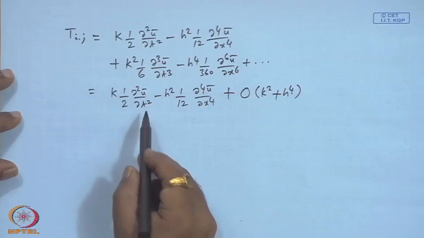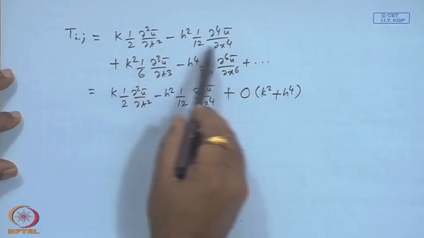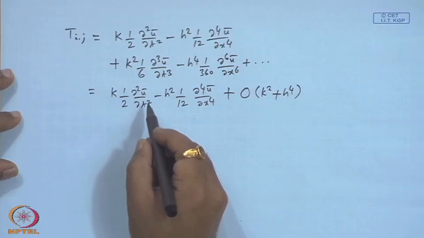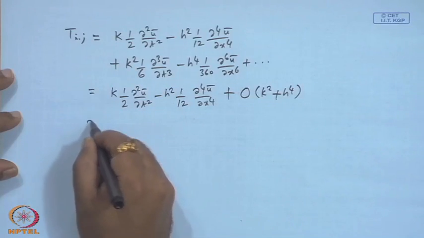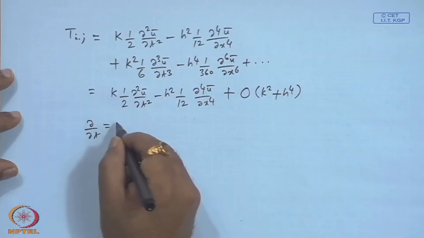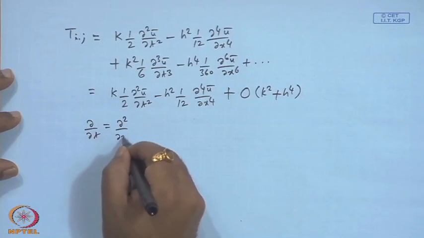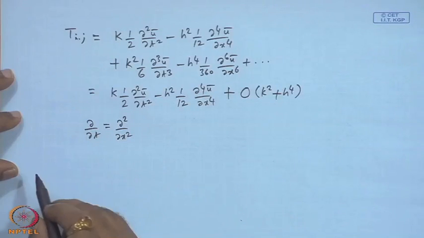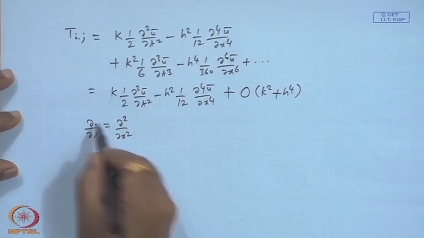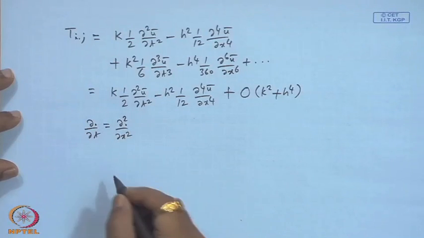Now, let us play a trick. The trick is we have dou u by dou t equal to, because this is from our equation, where the dot is u.